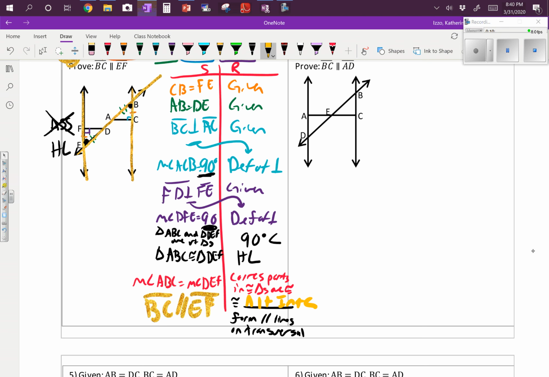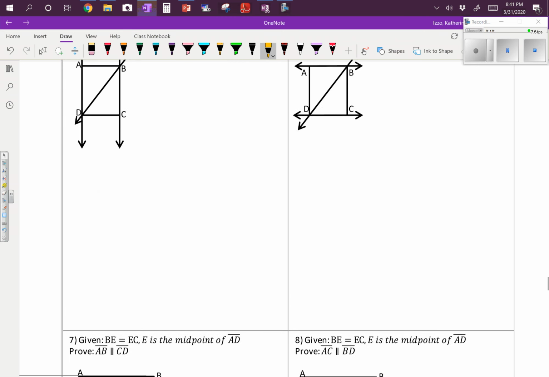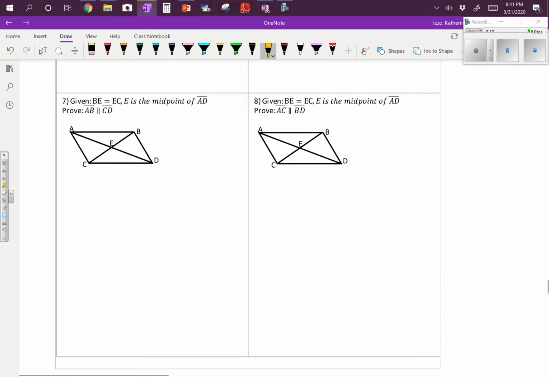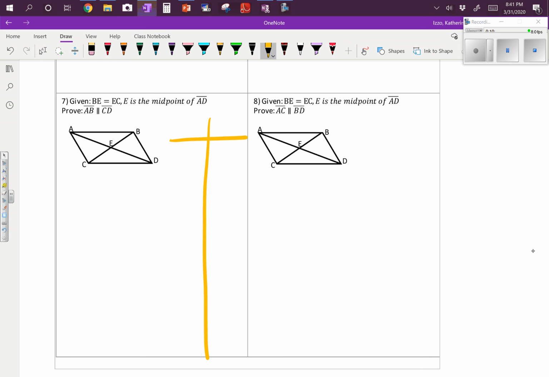All right, let's take a look at number 7. I want to go all the way down to number 7. If we take a look at number 7, statement and reason, I want to prove AB and CD.